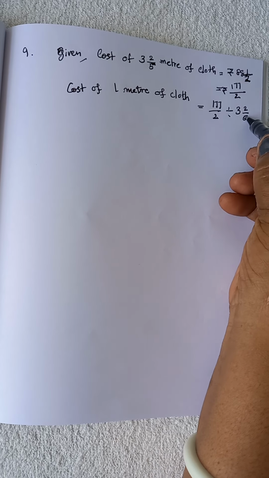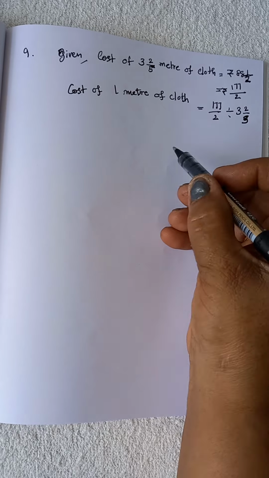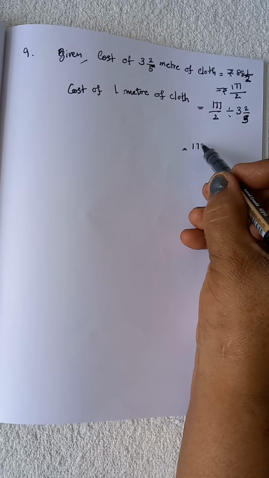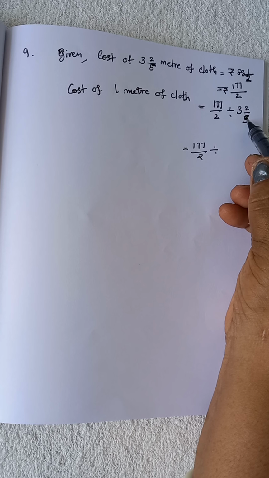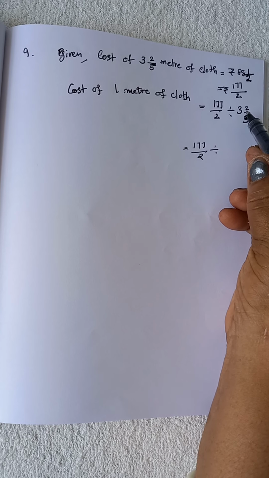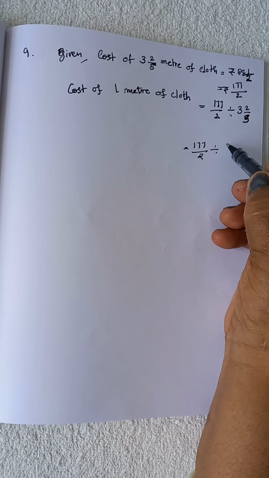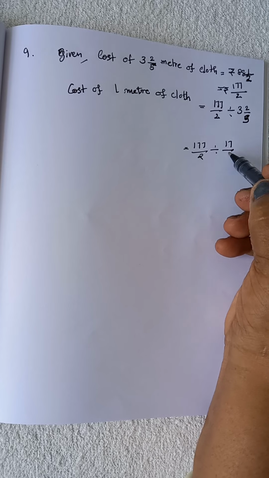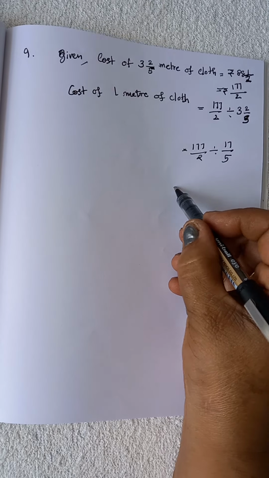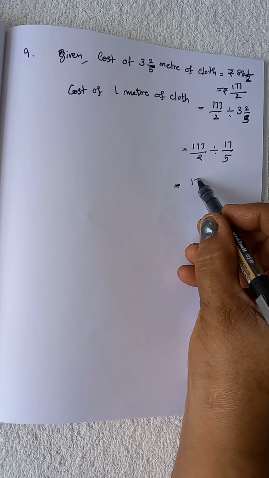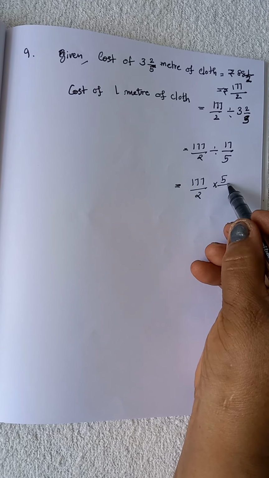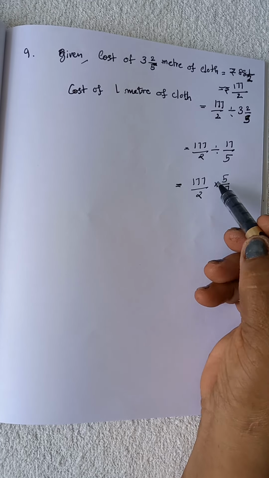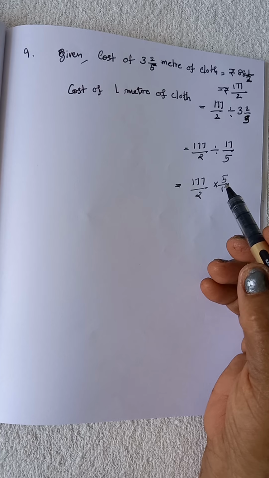Now this is equal to 177 by 2 divided by, 5 into 3, 15, 15 plus 2 is 17, 17 by 5. Now this is equal to 177 by 2 into 5 by 17, as division is the inverse of multiplication.